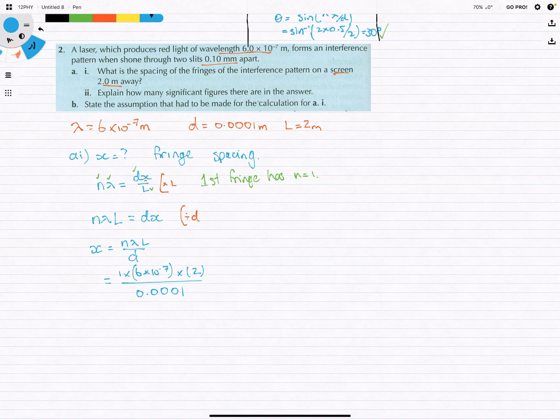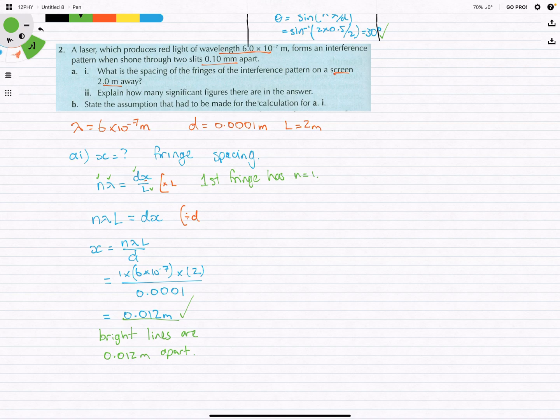Hopefully we should get 0.012 meters. Down the bottom, fringe spacing of 0.012 meters. So the bright lines are 0.012 meters apart, if we want to say that in words.